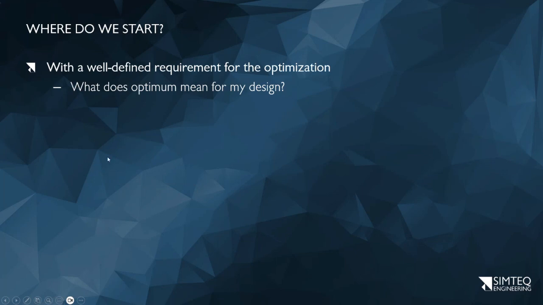Okay, now that we're done with some additional comments, let's step back a little bit and go back to the start. The whole presentation is about where we start for structural design optimization. The first and most important thing is we start with a well-defined requirement for the optimization. In other words, what does optimal mean for my design? If you can't answer that question, either find out or don't do optimization.